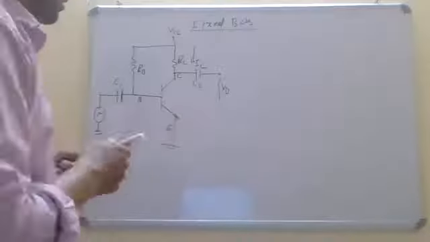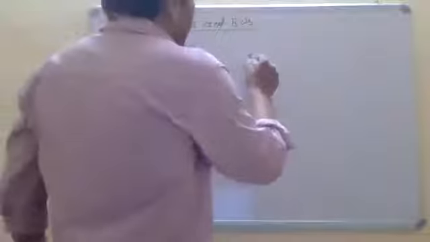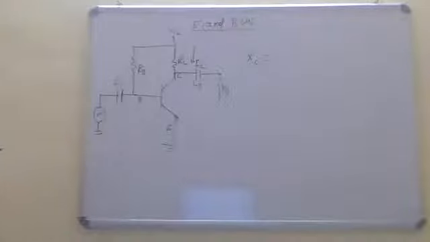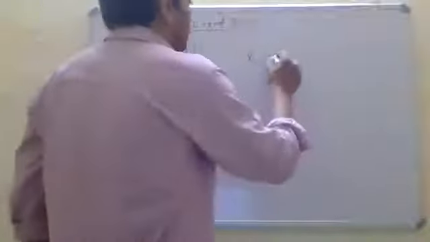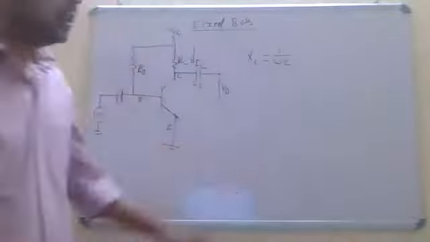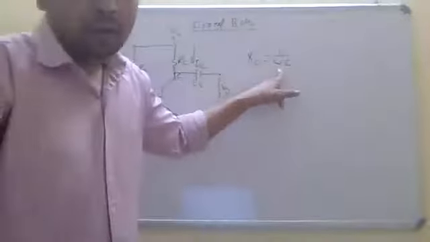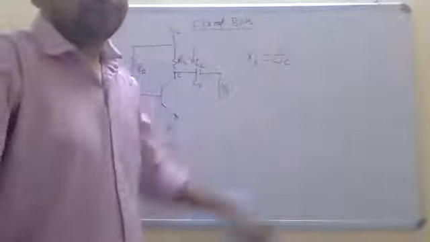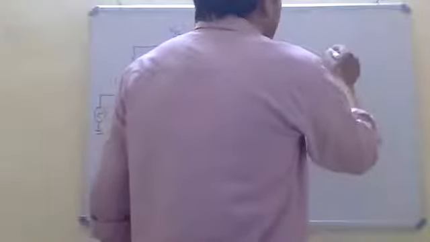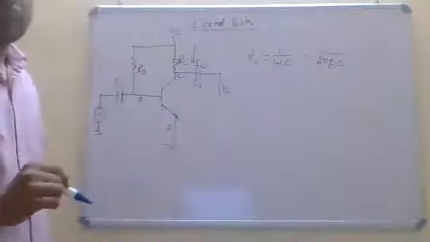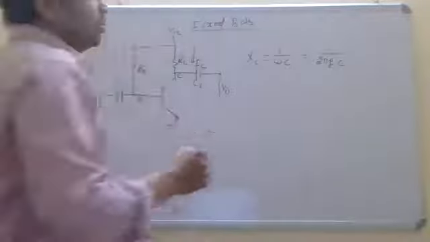We know that the capacitor impedance is 1 by omega C. In general, we can write X equals 1 by omega C, which is 1 by 2 pi f C. When applying a DC source, the frequency should be 0.